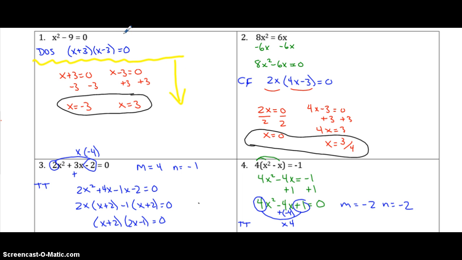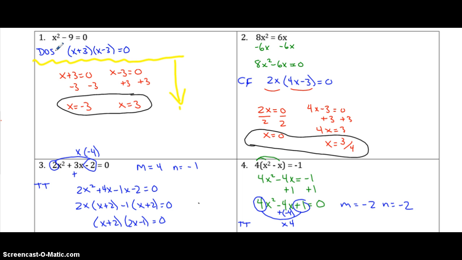The factoring you've already done. Once you have factored it, set each factor equal to 0, then solve each of these linear equations for x. You've been doing that since grade 9. So this is the only new material here. The hardest part will be the factoring.